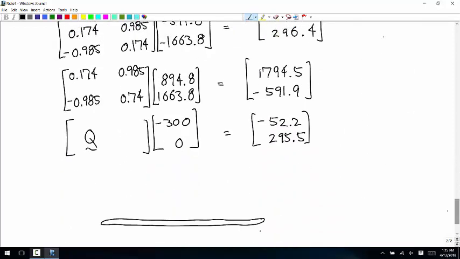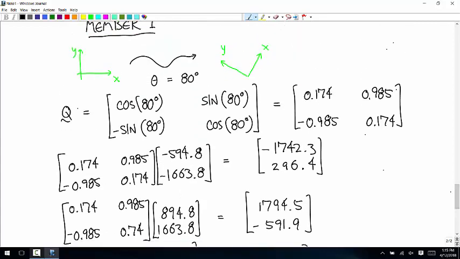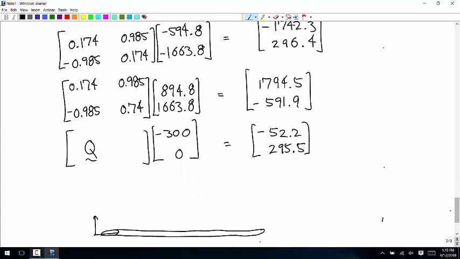So that means over here we have the force vector negative 1742.3, positive 296.4, and then in the middle we have 1794.5, negative 591.9.